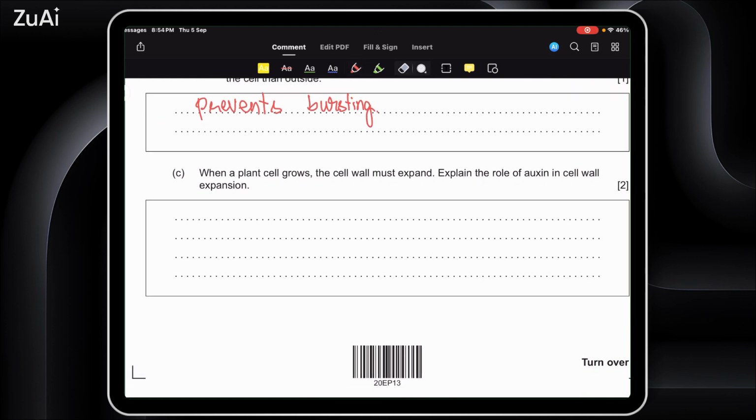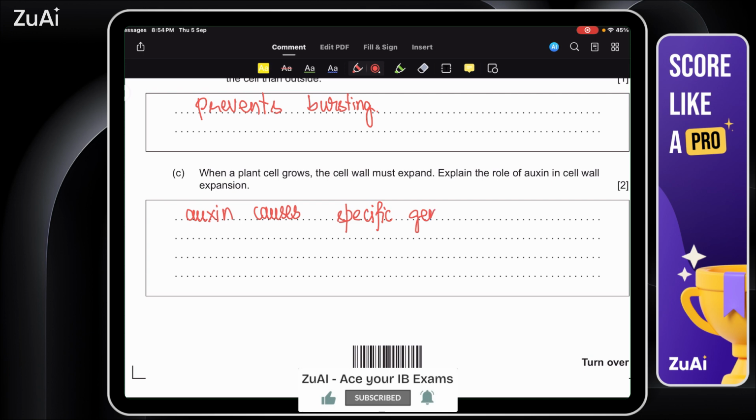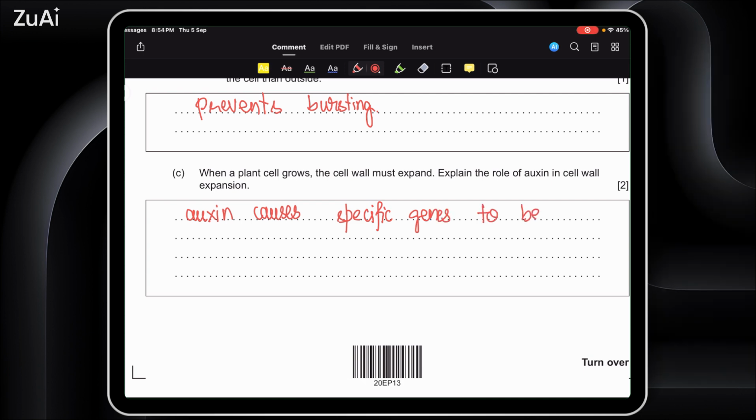Oxygen causes specific genes to be transcribed. So it stimulates the proton pumps.